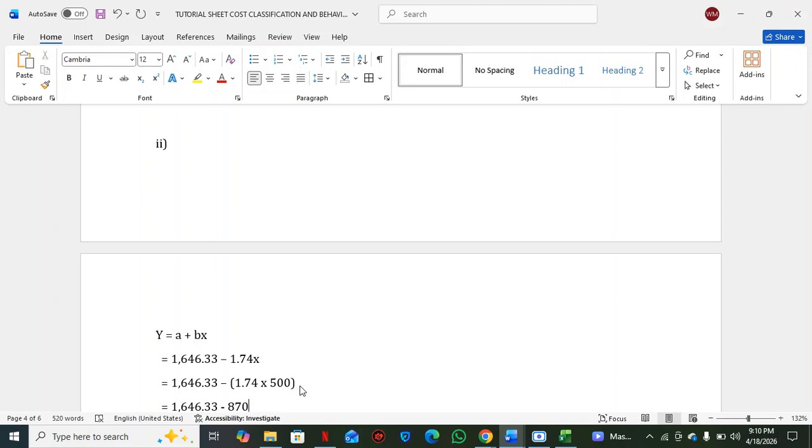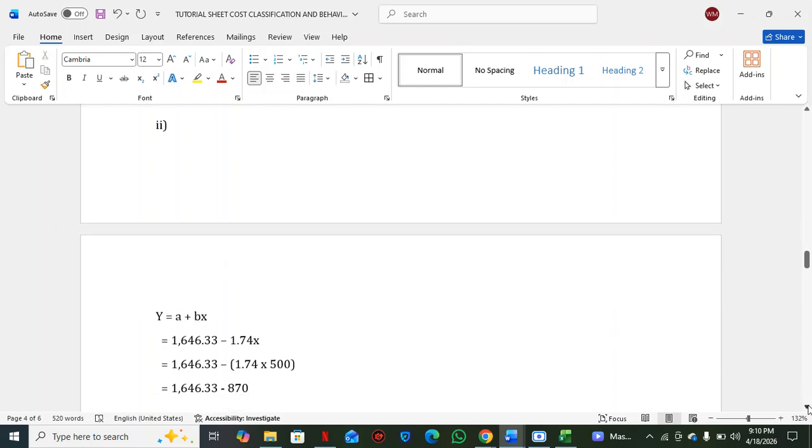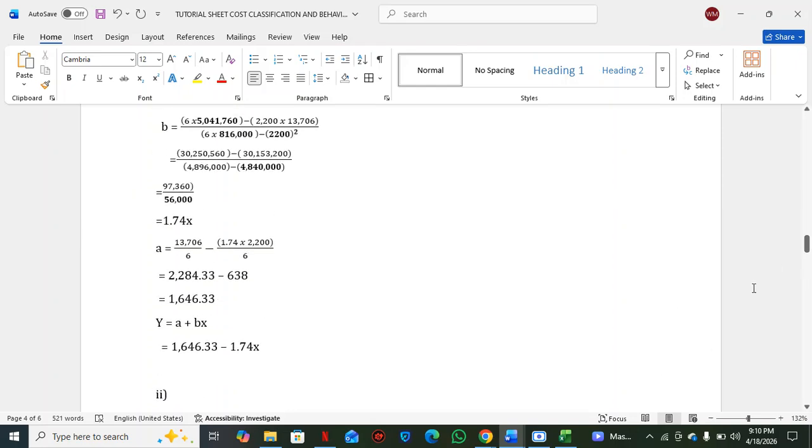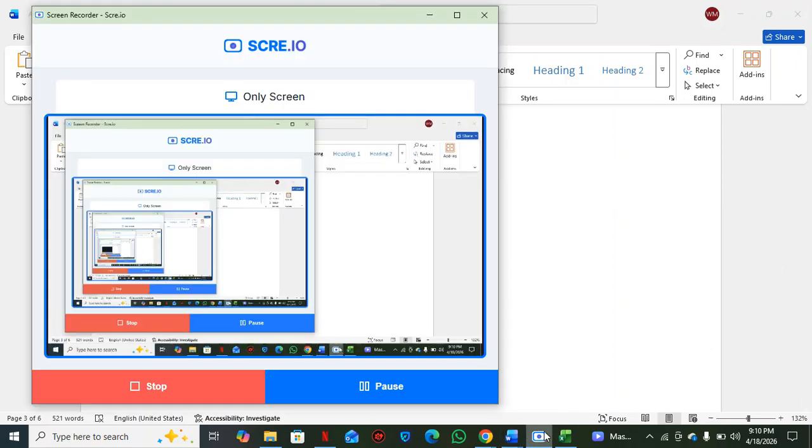So we're going to say 1,646.33 minus 870. You get 776.33. Okay, colleagues, that's how we do cost estimation using linear regression.